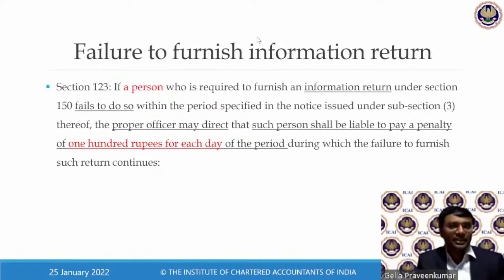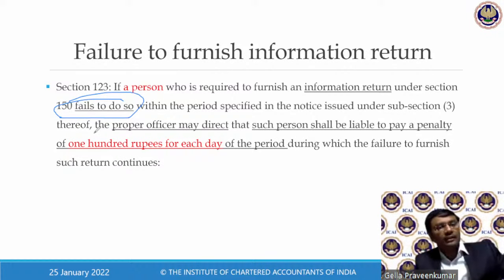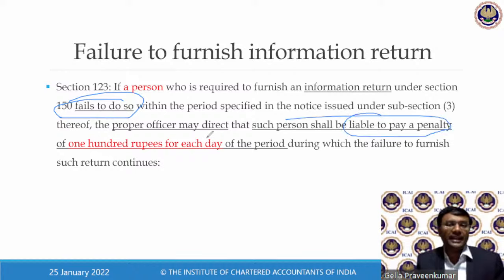A person who is required to furnish information under section 150, who fails to do so. So when information was called from a labor office, it was not sent. The proper officer may direct such person, who shall be liable to pay a penalty of 100 rupees per day, maximum of rupees 5,000.